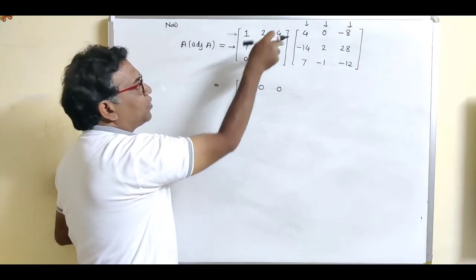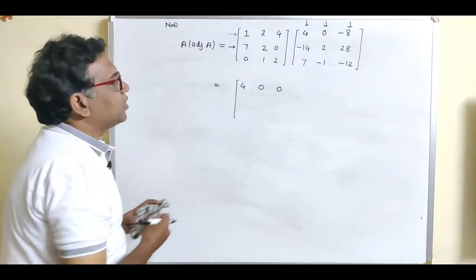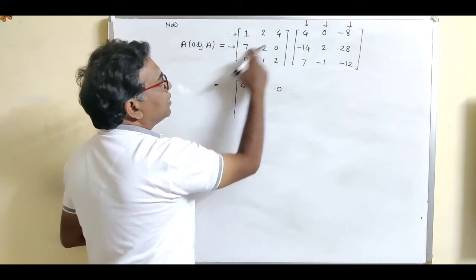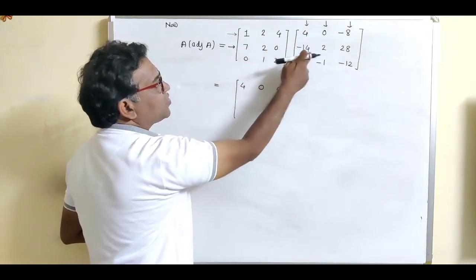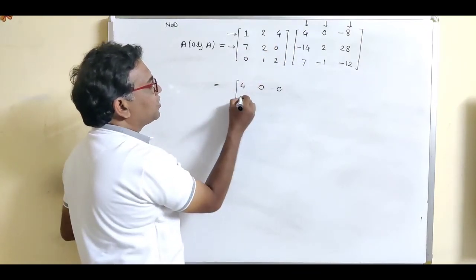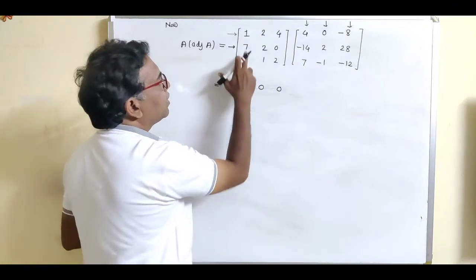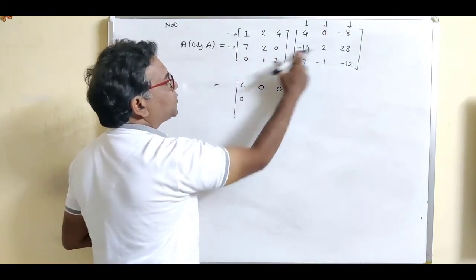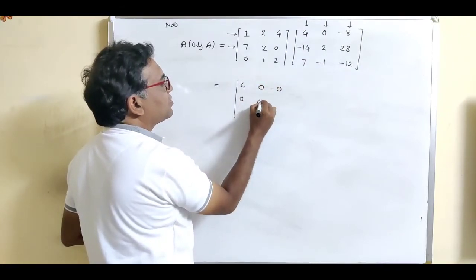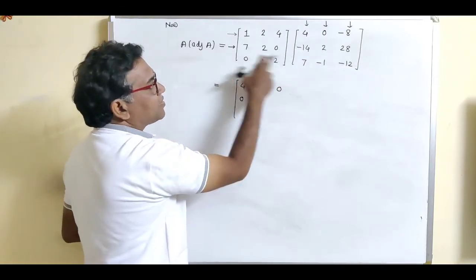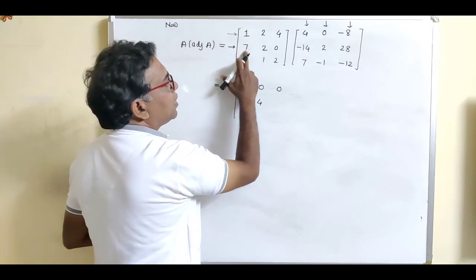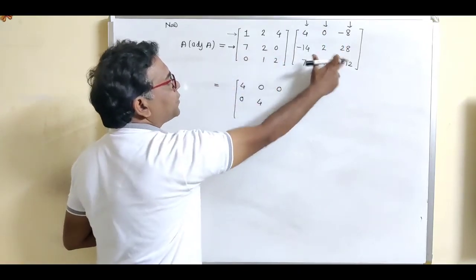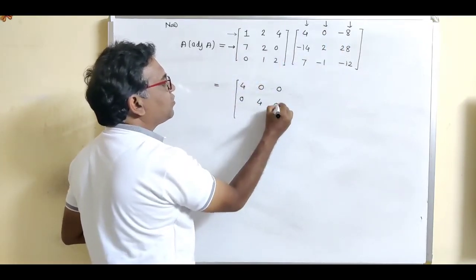Now consider the second row. Again consider first column, second column and third column. This is 28 minus 28 and plus 0. So this will be 0. Second row, second column, 0 plus 4 plus 0. So this is 4. Second row, third column, minus 56 plus 56 plus 0. So this will be 0.